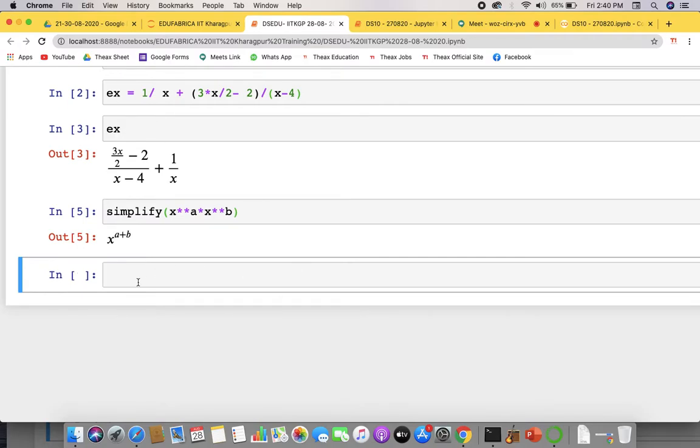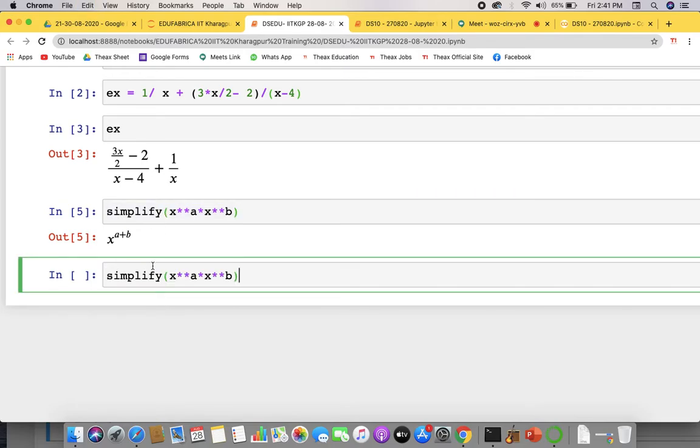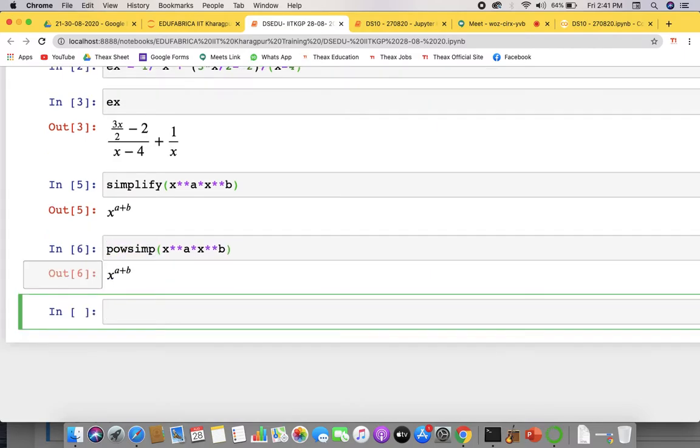So there could be something else. What other function can you use to get exactly this one? You can also use this pow function to get the same thing. So there are various methods.